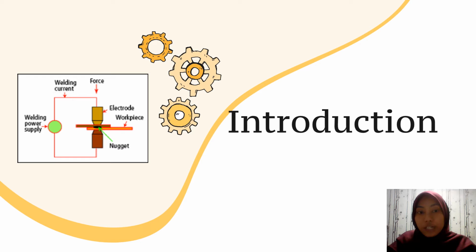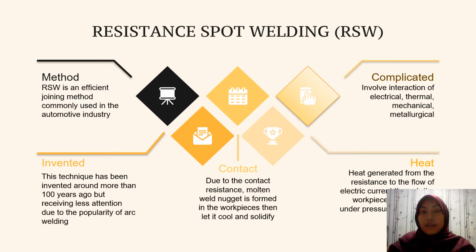Next, in this introduction, I will explain two things: what resistance spot welding is and what its parameters are. Resistance spot welding is an efficient joining method commonly used in the automotive industry, but it is also widely used in other industries such as manufacturing and aerospace.